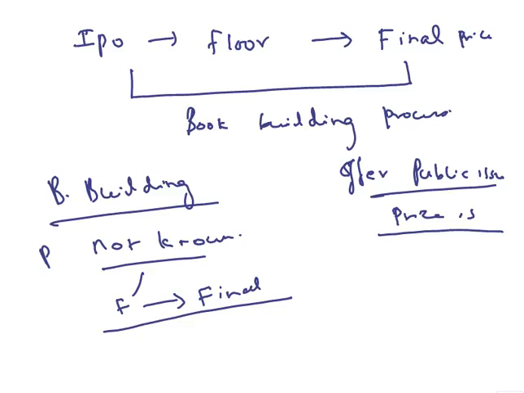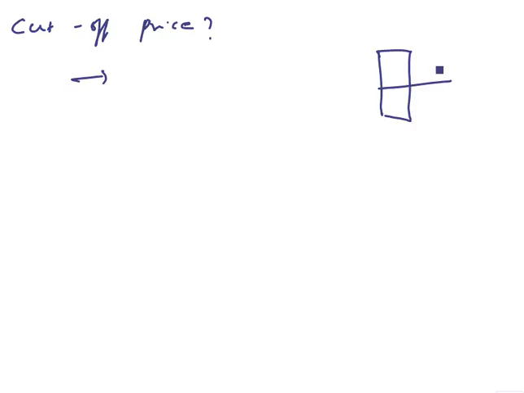Another thing that I want to say here is there is something called the cutoff price. What is this cutoff price? It happens in a book building issue. The issuer is required to indicate either the price band or a floor price. The price band usually will be plus or minus 20 percent.